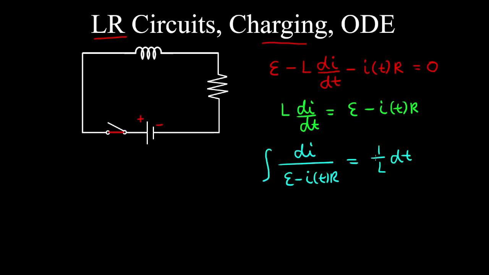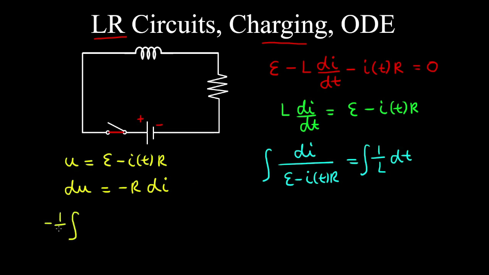And now we can integrate both sides. Applying u substitution, we can set u to be equal to the expression in the denominator, and therefore du is minus R dI. Then we can rewrite this integral as minus 1 over R times the integral of du over u.